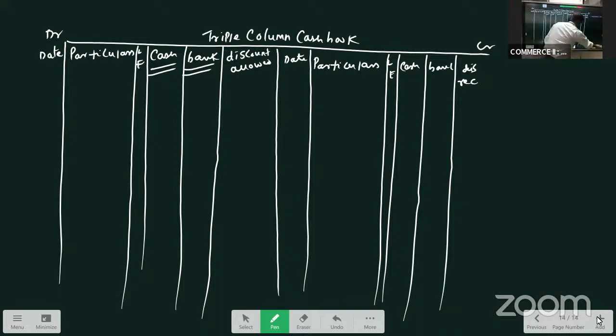Okay. So who will prepare a 3-column cash book? A business organization having dealings in cash, and dealings through a bank. Accepting or making payments through bank, accepting and making payments in cash, they will prepare a 3-column cash book.